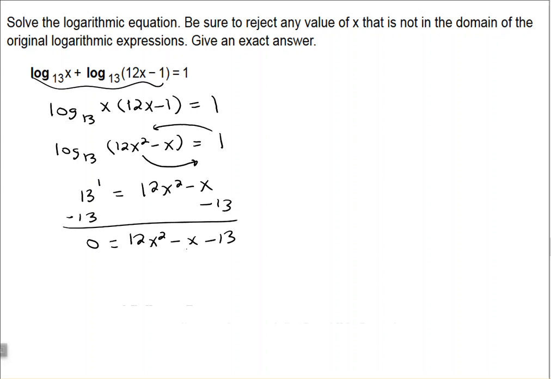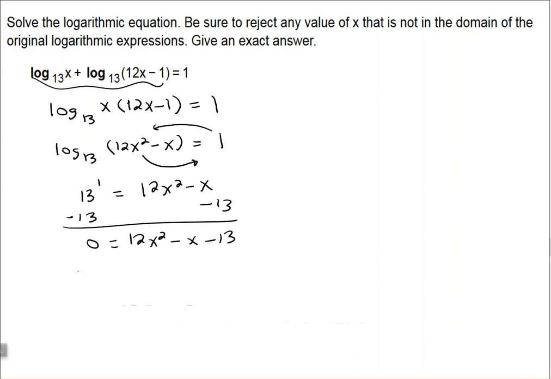Depending on which method you use for factoring trinomials, you want to factor this trinomial. I'm going to use the AC method. So I multiplied 12 times 13, which is 156. I needed to find a pair of factors that equal negative 1, which would be negative 13 and positive 12.